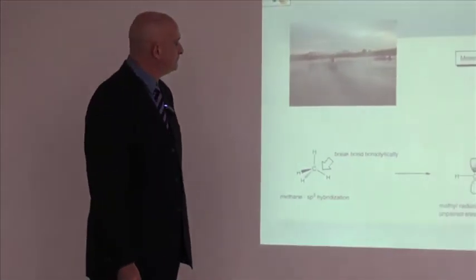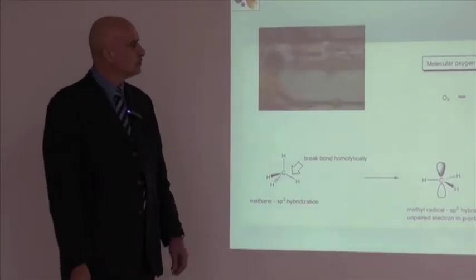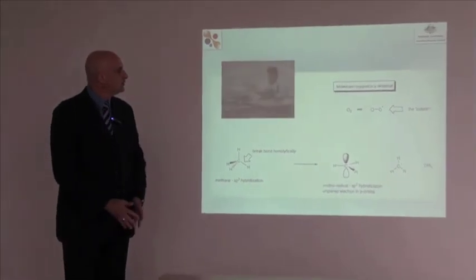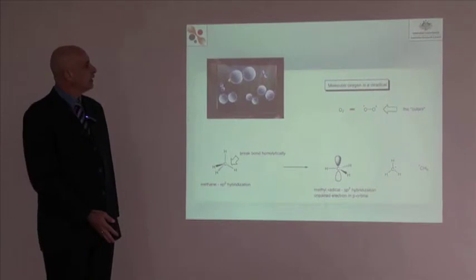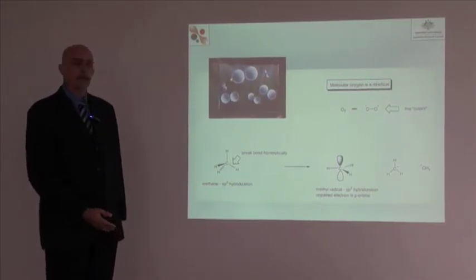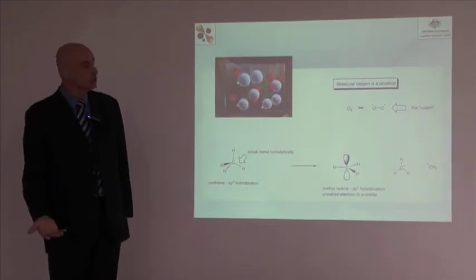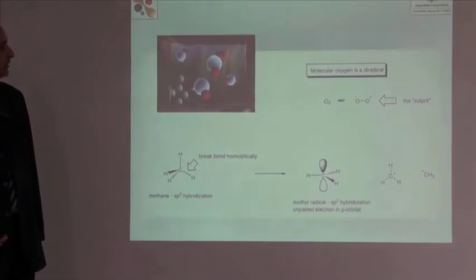Now, out of a quirk of nature, molecular oxygen also is a free radical. It's in fact a diradical. And that has to do with, again, a different quantum mechanical principle. And because molecular oxygen is a free radical, it can cause oxidative stress, and can generate other reactive oxygen species.